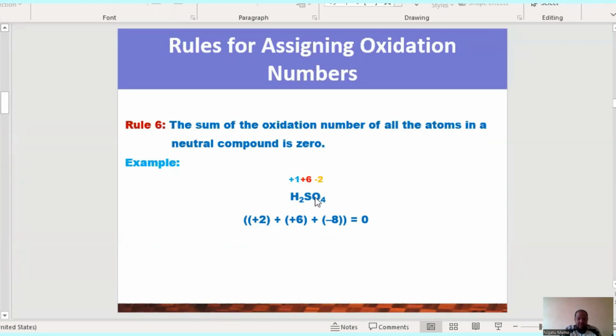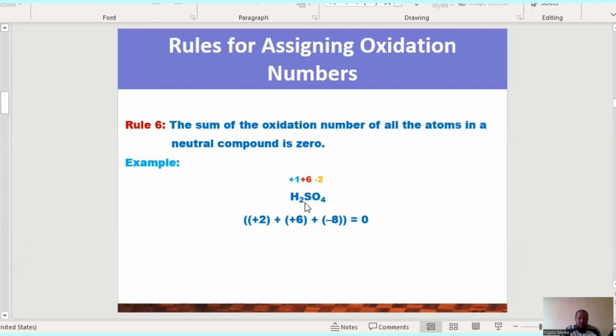First, identify the oxidation states of hydrogen, sulfur, and oxygen. Oxygen is negative 2, sulfur is positive 6, and hydrogen is positive 1, because hydrogen is combined with non-metals.